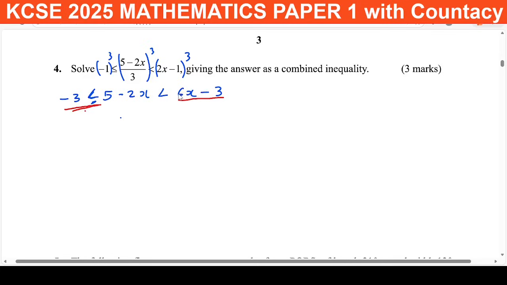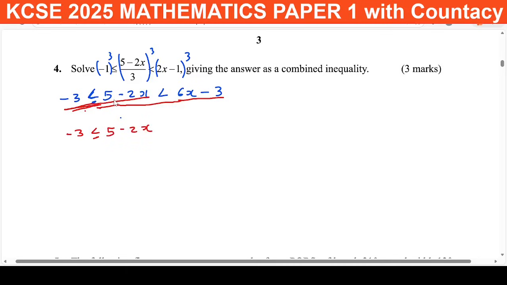But what we do mathematically is create a fair scenario where we take the whole of this case up to there. We say that you who is fighting for this kid here, we are going to give you the kid, and also the other person on the right side, we are also going to give him the kid. Therefore, we end up having these cases: -3 is less or equal to 5 minus 2x.